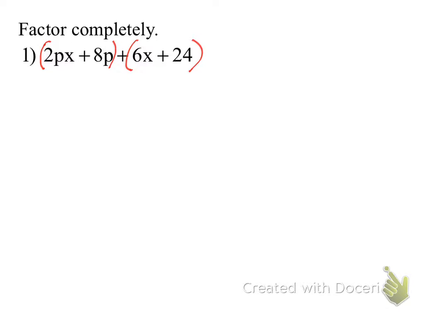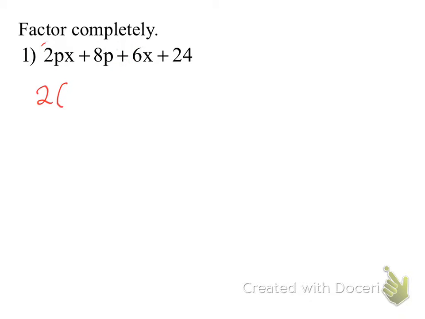Okay, what can I pull out of the first group? 2p. Oh wait, what did I do wrong? What's the first step? GCF. I shouldn't be grouping until after I GCF everything. I forgot. Gee, just like a kid, right? Everybody forgot that. Okay, wait, sorry, I'm doing that again.